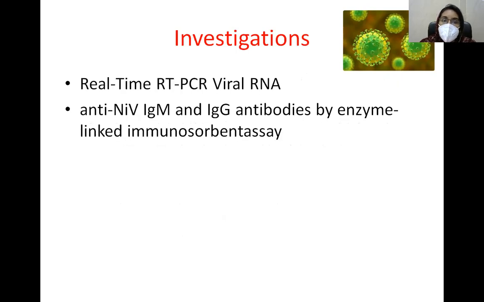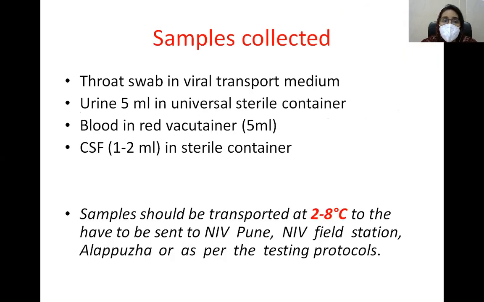The investigations are real-time RT-PCR for viral RNA and also anti-Nipah viral antibodies, that is IgM and IgG antibodies, by enzyme-linked immunosorbent assay. So what samples should we collect? We can collect a throat swab. One thing I want to stress is that we have to take extremely good precautions. The person collecting the sample should wear proper PPE and follow proper sterile precautions.